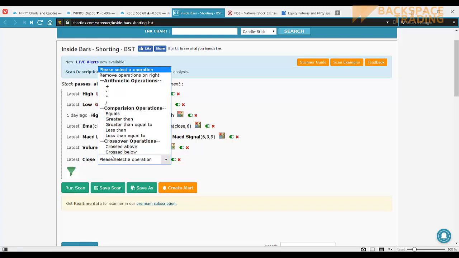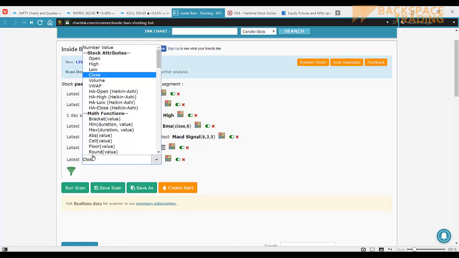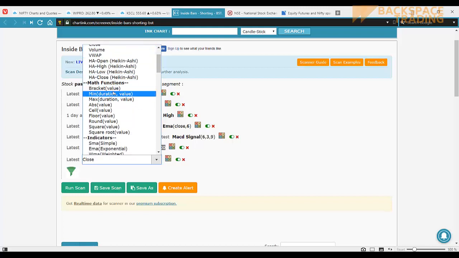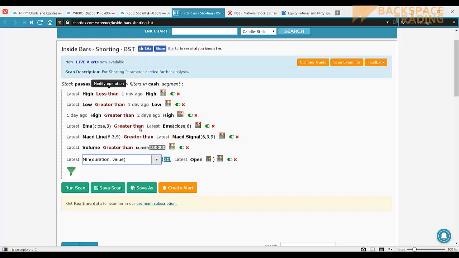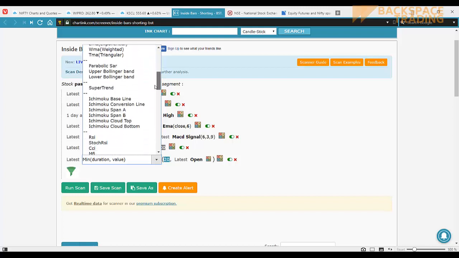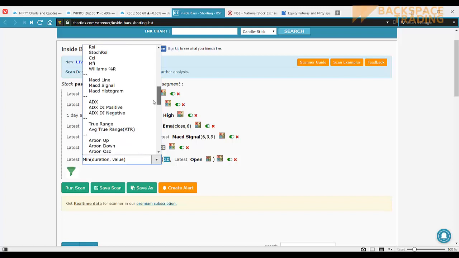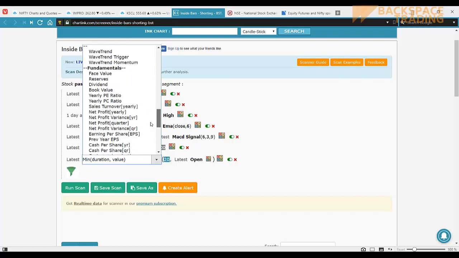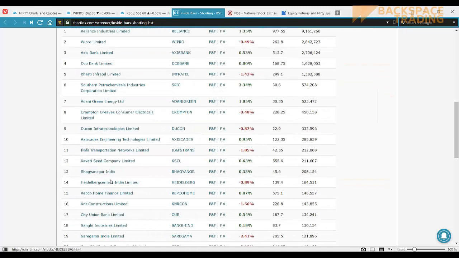The latest close has to, you cannot select the number value. Okay, where do I go for price? I think this is a value. Minimum duration, no, I don't need duration, sorry. Okay, I think I'm wasting time searching for this. I will get to this part if at all I see it, or how. Anyhow, we will check manually again.